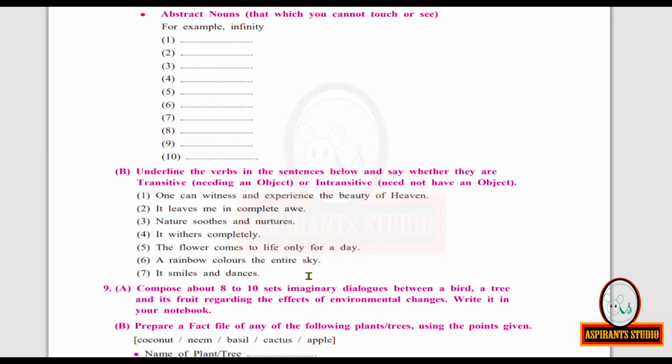A rainbow colors the entire sky. Underline colors. The rainbow colors what? We have an object, the entire sky. So, write colors, put a hyphen and write transitive verb. It smiles and dances. Underline smiles and dances and put a hyphen and write intransitive verbs because they don't have an object.